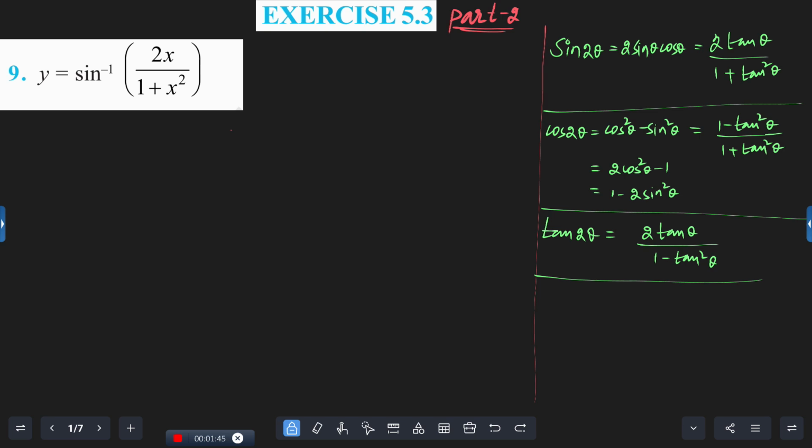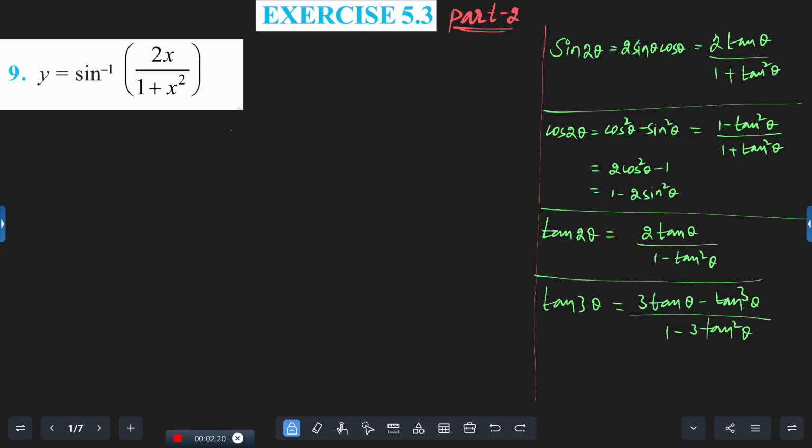One more formula, tan 3 theta. Before that, sin 2 theta and cos 2 theta I gave. Next, tan 3 theta is equal to 3 tan theta minus tan cube theta whole divided by 1 minus 3 tan square theta.